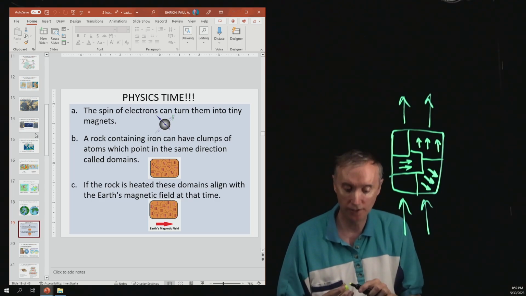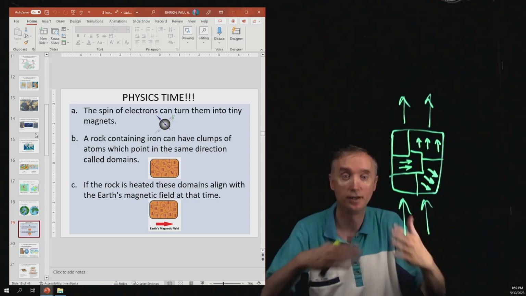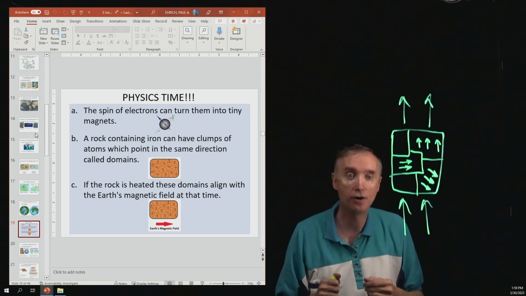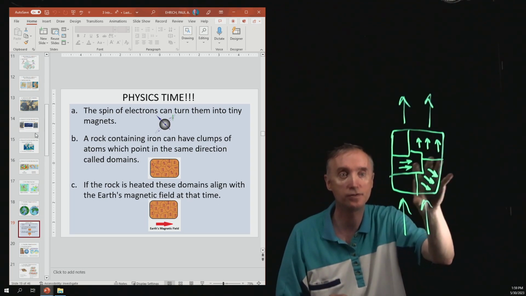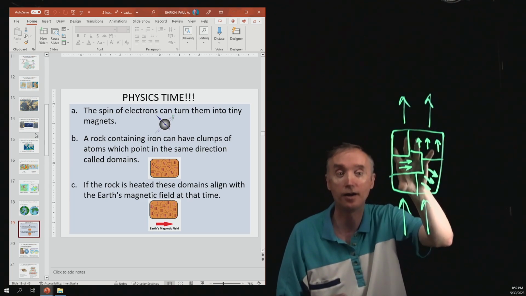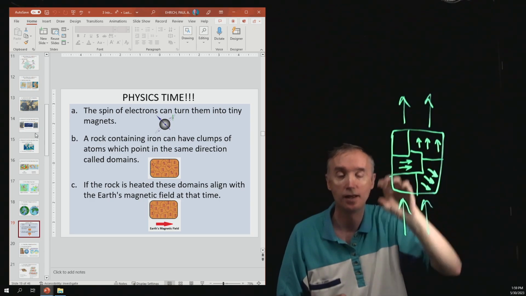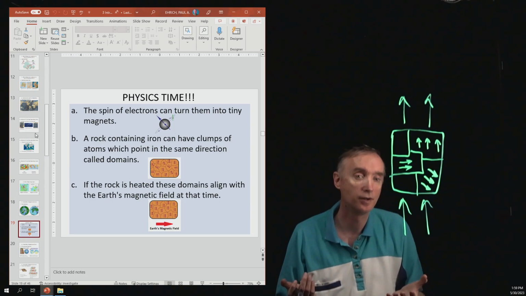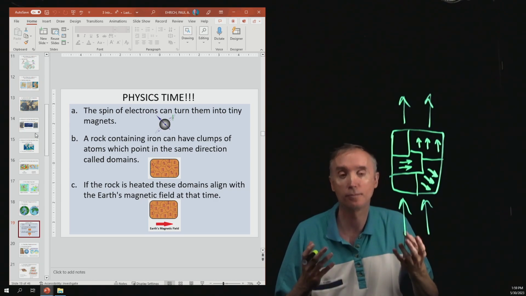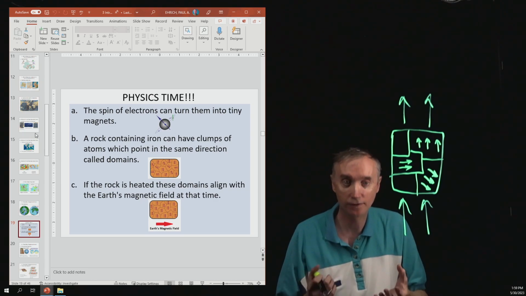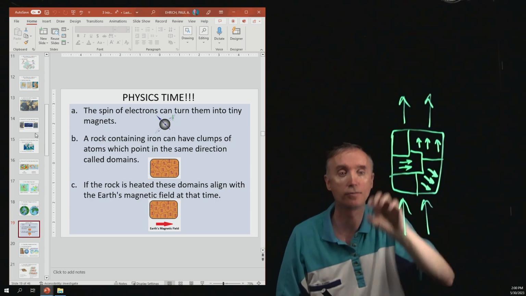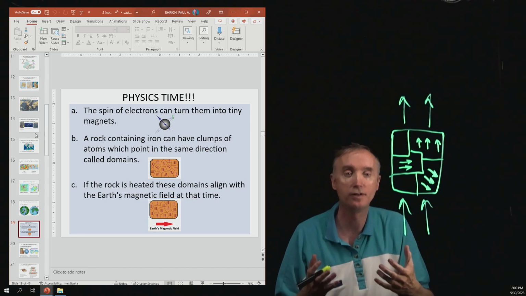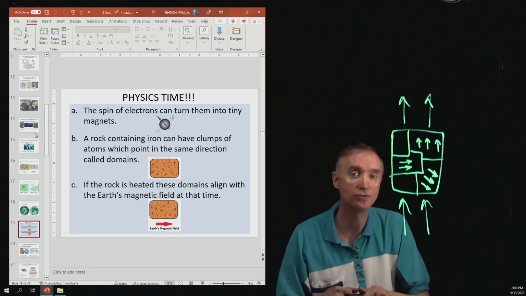And that's exactly what happens as magma is coming up at these mid-ocean ridges. The magma is hot. It's composed of these iron minerals, which are randomly oriented. But they are in the presence of the Earth's magnetic field, and as this material cools off and hardens into a rock, that rock has the remnants of that magnetic field locked into it.